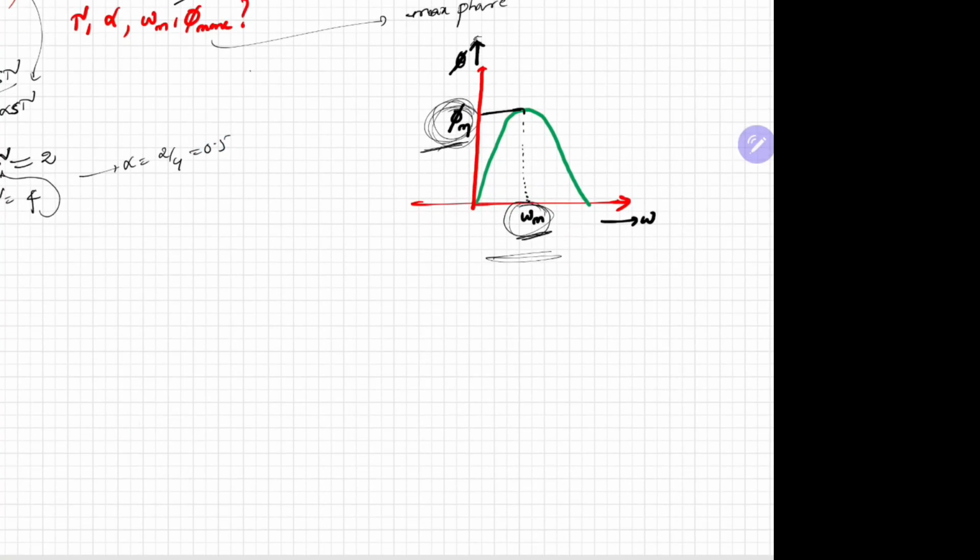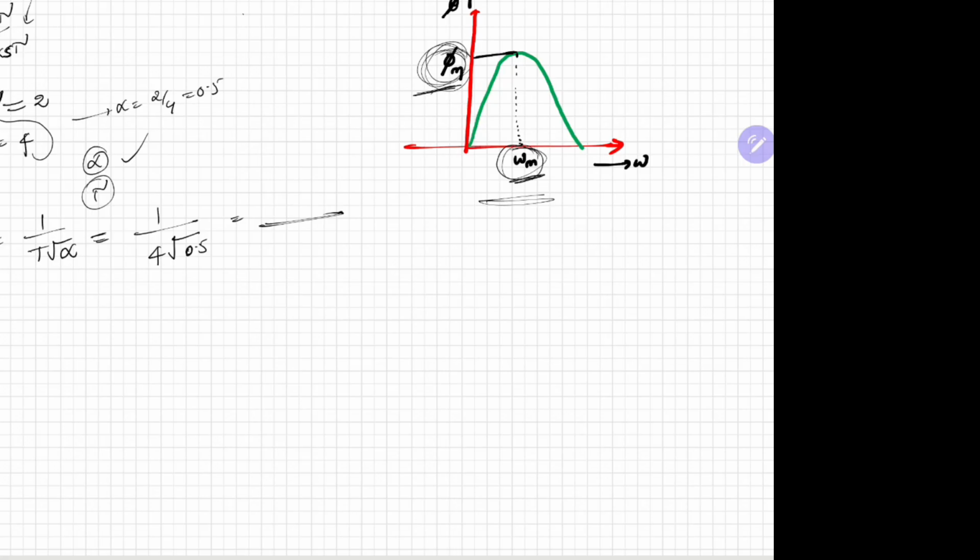See here, we found alpha, we found tau. So now we have to find out omega m. Omega m is the frequency where the maximum phase exists. This is 1 by (tau root alpha). It is a formula you need to remember. 1 by tau is 4, root alpha is 0.5. So you can calculate and mention here.